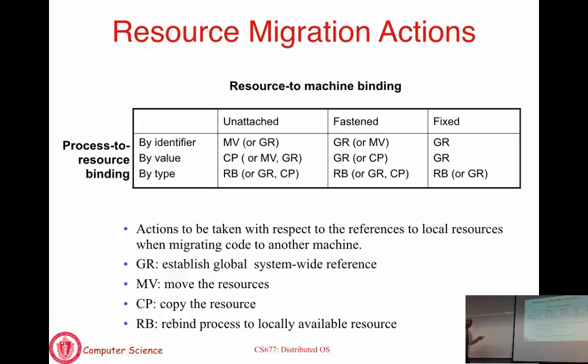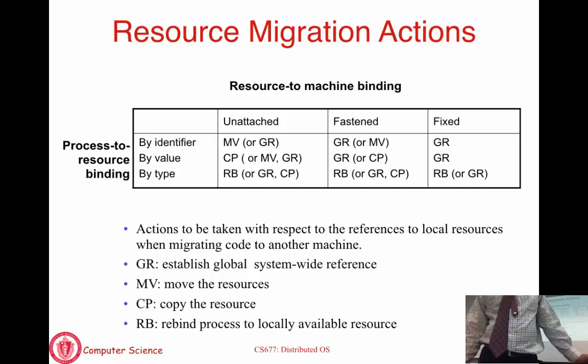The important point is we don't actually care that these are exactly the same types. Maybe this is an HP printer, that's a Canon printer. It's a printer, that's good enough. You don't even have to have an exact match. So it is a loose binding. You can just find a substitute for the original resource and use it instead. That's what rebinding means. You were bound to this one, now you are rebinding to a local resource of a similar type.